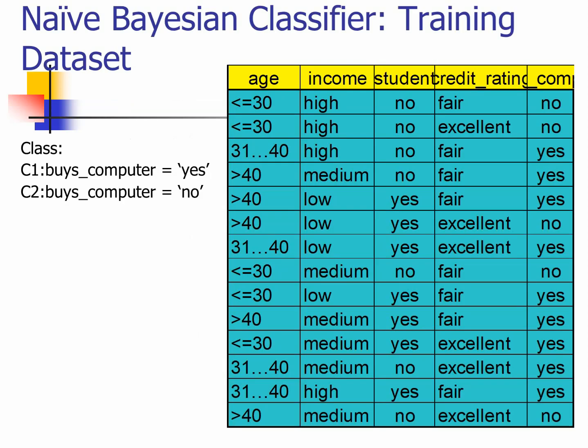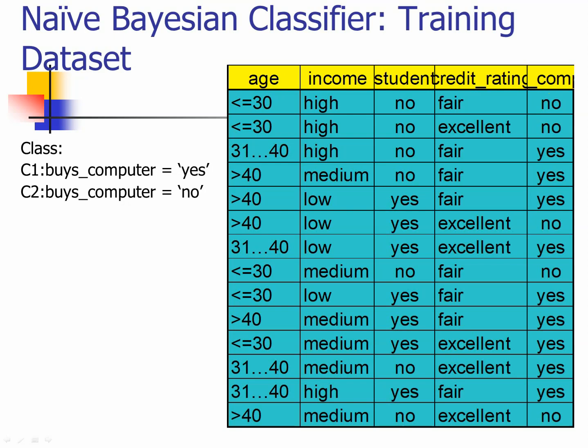So let's use an example to learn what the Naive Bayes algorithm is, based on probability. In this case, we use the same data set as we introduced in our previous video, indicating that we want to use age, income, student status, and credit rating to predict whether a person is going to buy a computer or not.